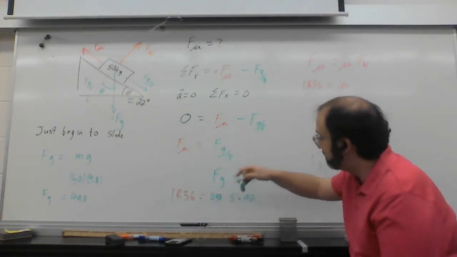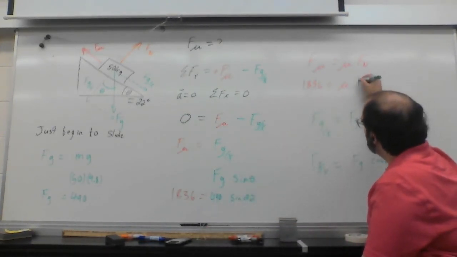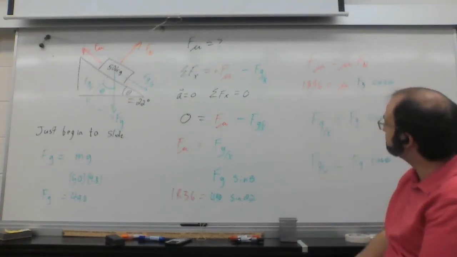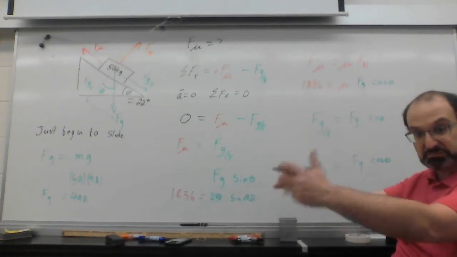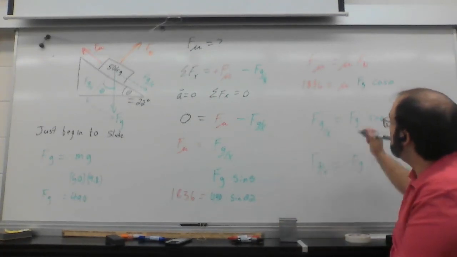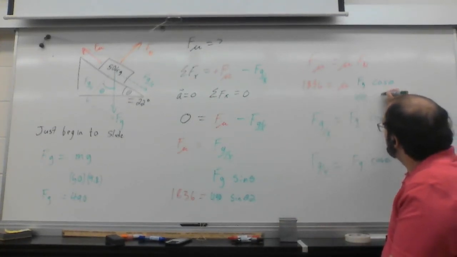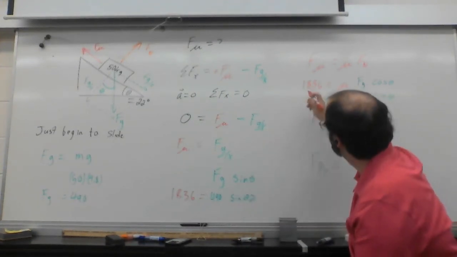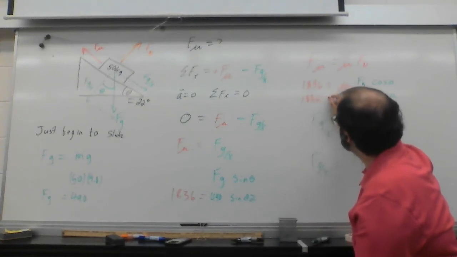I can just plug that right in here. This is going to be Fg cos theta. Ta-da! Plug it in. 490 cos of 22, 183.6.